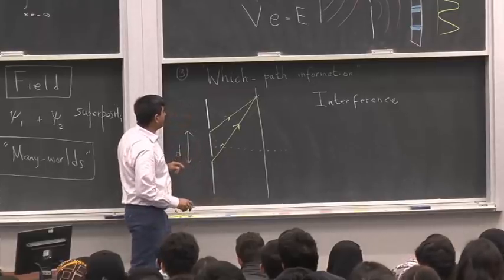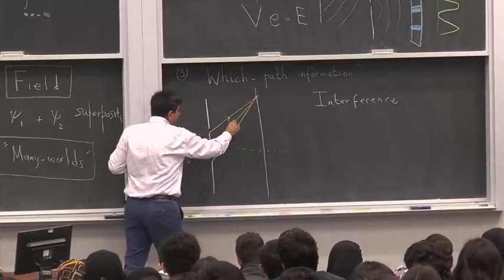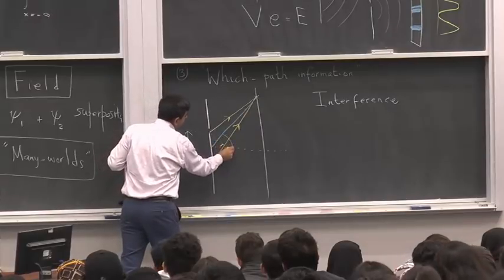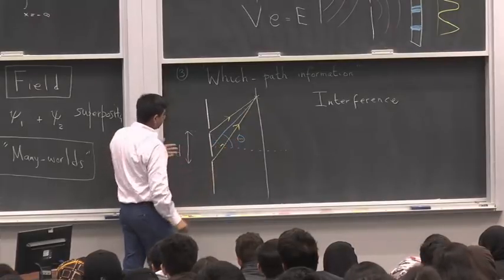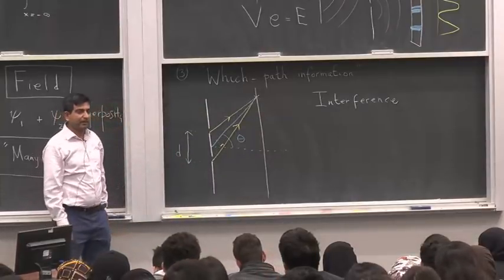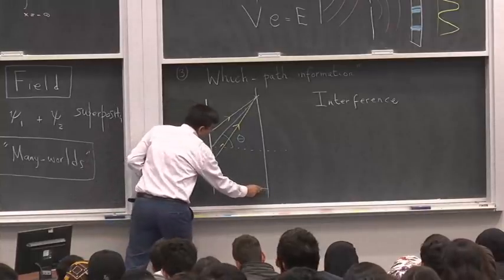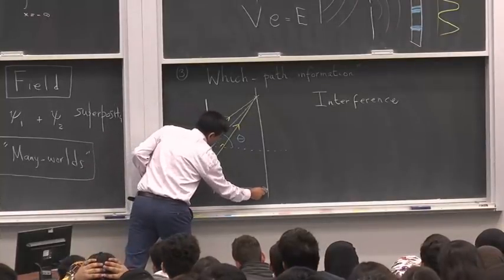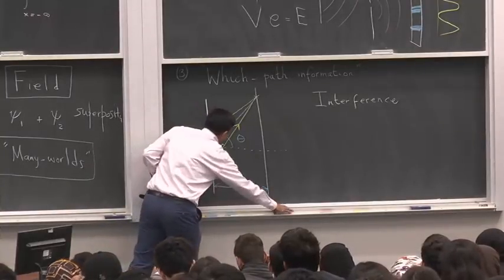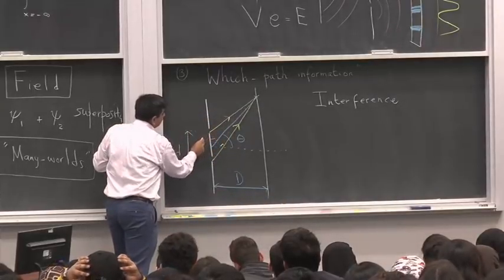Now if this point is at an angle theta with respect to the central axis, and if this distance is small as compared to this large distance, then this angle theta is going to be almost the same as this angle.